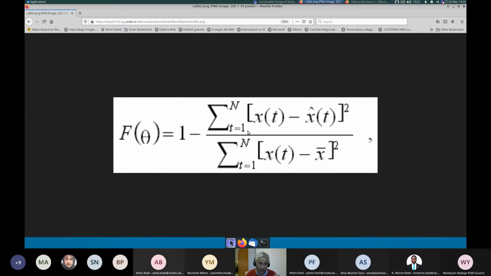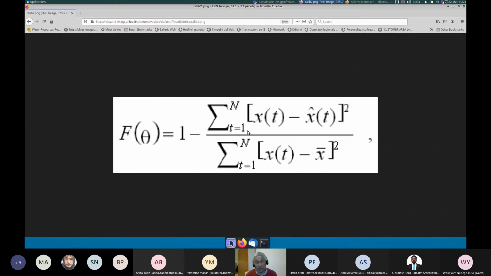If f theta here is 0, what does this mean? It means that the model is just useless, because the performances are the same as the very naive one. Conversely, if f theta is 1, because the ratio at the right-hand side is 0, then the model is perfect.